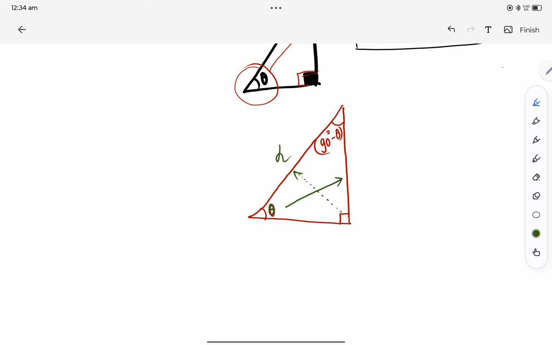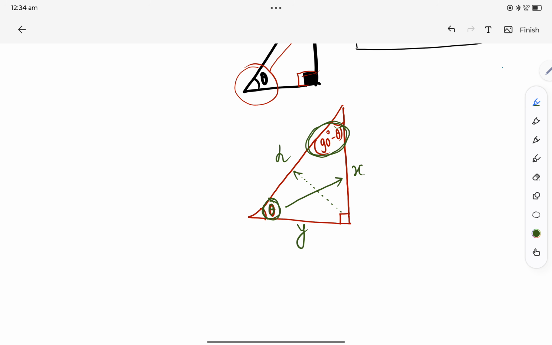For this theta, this side is perpendicular, suppose this to be x, and the remaining side, suppose this to be y. Let us define trigonometric ratios for this angle, and then we will define the trigonometric ratios of this angle, that is 90 degrees minus theta, and then we see any kind of relationship between trigonometric ratios of this angle theta and this angle 90 degrees minus theta.